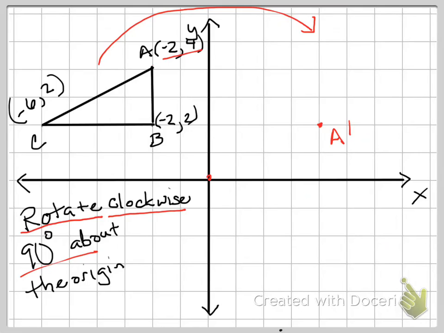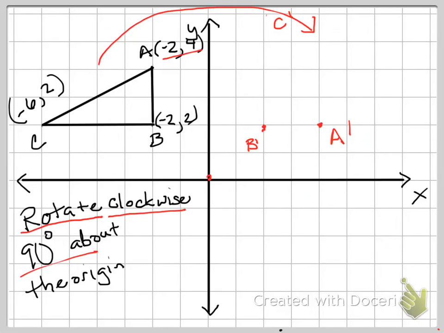This one is going to get rotated over here to (2, 2). So 1, 2, 2, 2 is right here. And that one's going to be our B prime. And then this one's going to get rotated over here to (2, 6). So 2 and then up 6, 1, 2, 3, 4, 5, 6, which is right there. So that's going to be our C prime.